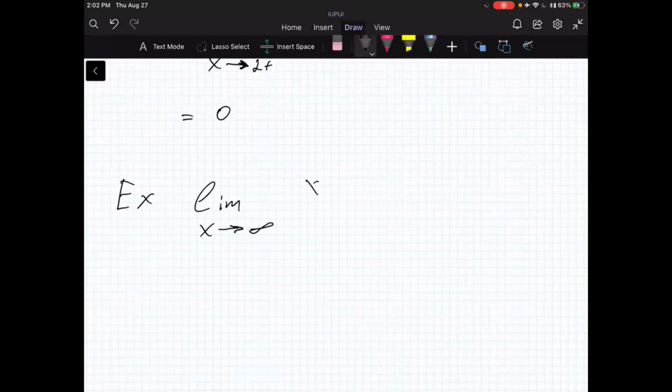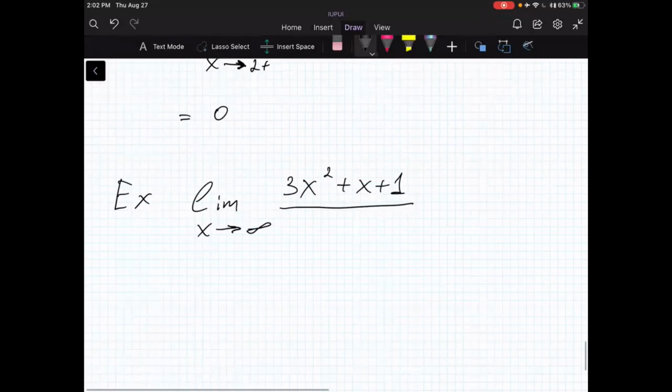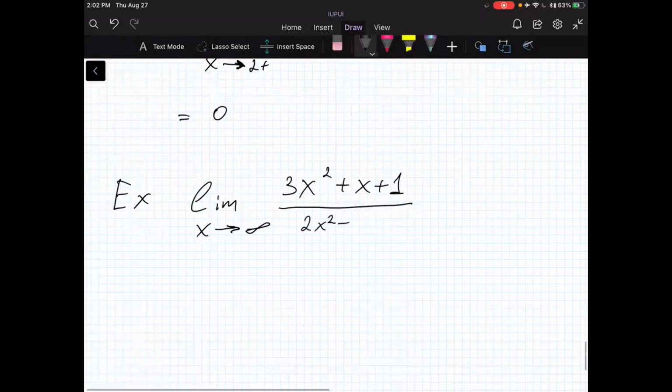We have the following ratio, 3x squared plus x plus 1 over 2x squared minus x plus 2. Again, what can we see? When x becomes large, our denominator is large and our numerator is large, so it's not clear what happens with this ratio.